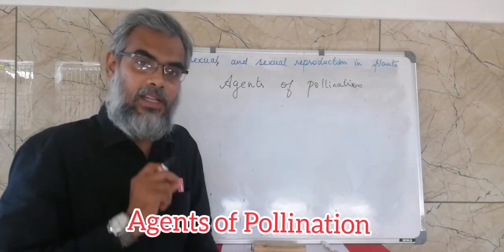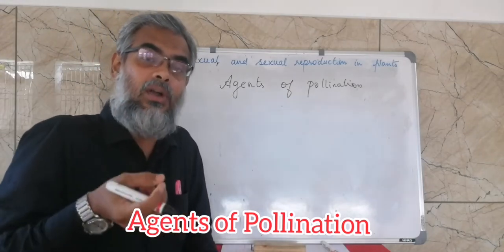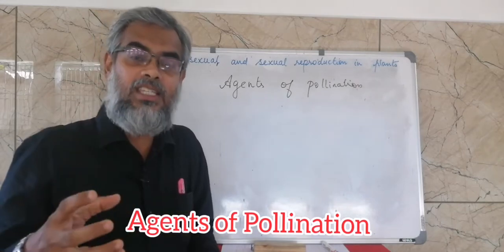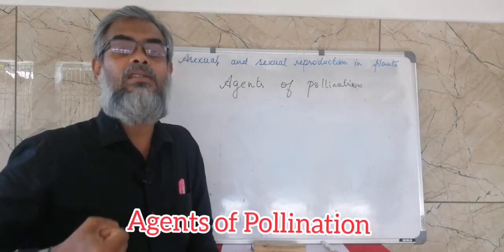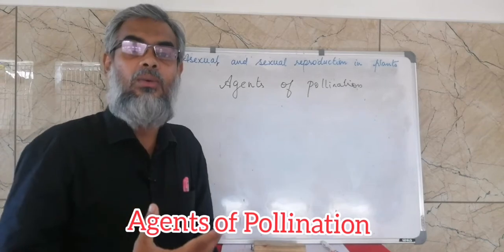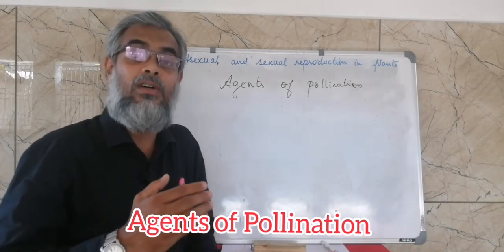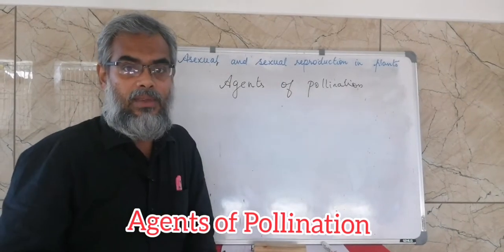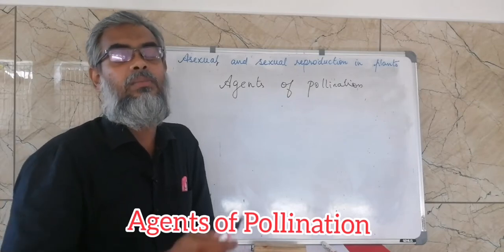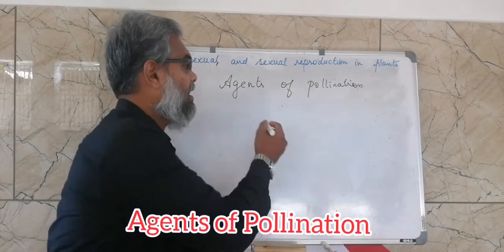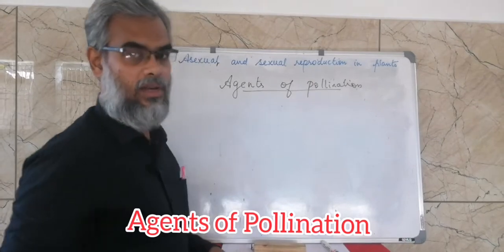So how does this pollination occur? Which takes these pollen grains in cross pollination? How are the pollen grains transferred to another flower? All these things we will be discussing in this video, and they are the agents of pollination.